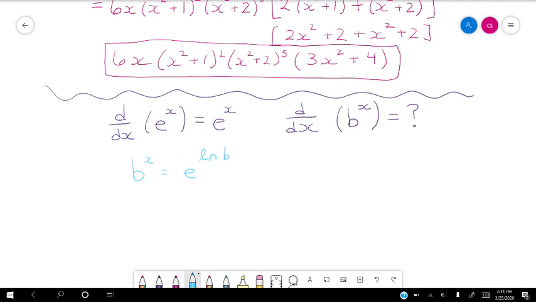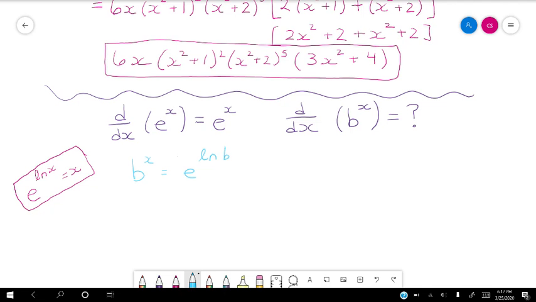It's going to give us the identity. e to the natural log of b is just going to be b. Let's do a little side bubble: e to the natural log of x just gives us x. That's a property we went over at the beginning of the semester.